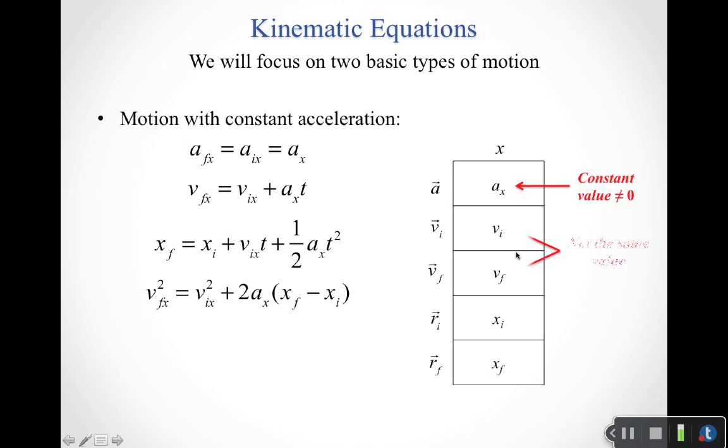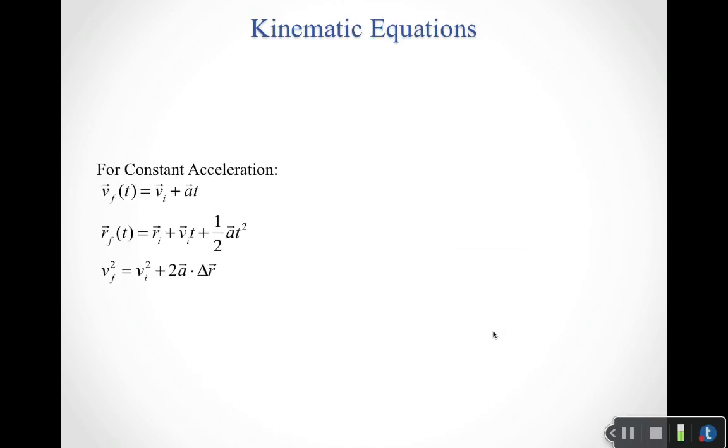And then these two velocity values can't be the same, because if the acceleration isn't 0, then the velocity has to be changing. I'll use these three equations to try and solve for unknowns in this set of values in my table.